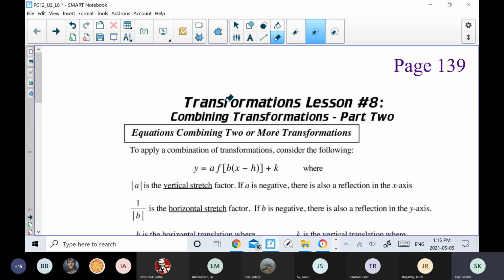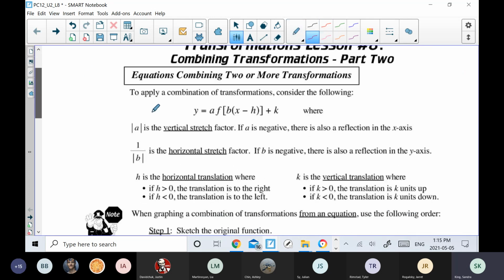Okay, so let's, again, go over what we did in lesson 7, and then let's do some practice examples. So this is your final formula with all 4 parameters or all transformations. It's very similar to the one I gave you. The one I gave you, though, is more common to what you'd see on the diploma, which would be y minus k.